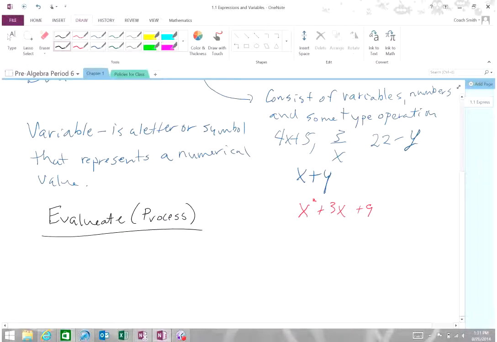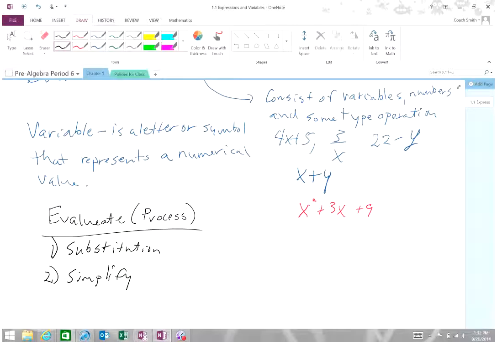The word evaluate in mathematical terms means it's a process. The process basically includes two steps. One, substitution, and two, simplify. Okay, one, substitution, two, simplify.